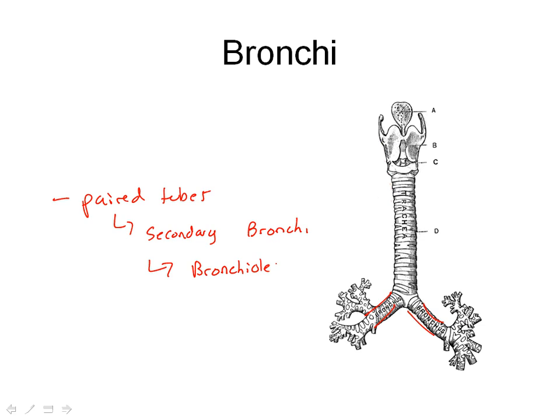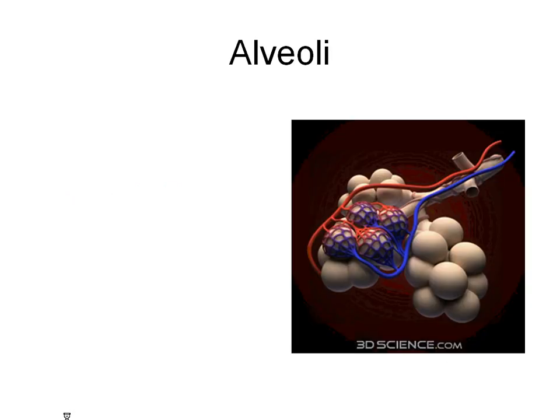The more branched they get, the thinner the walls get, till eventually they branch out into alveoli, which are really thin sacs that facilitate gas exchange, which means it allows gases to pass from the lungs into the blood.